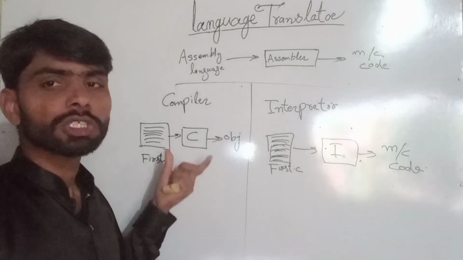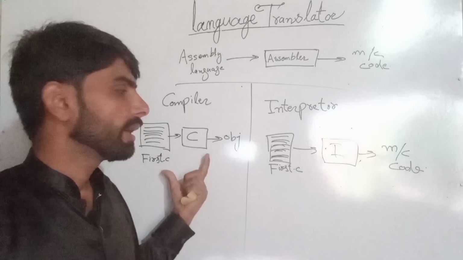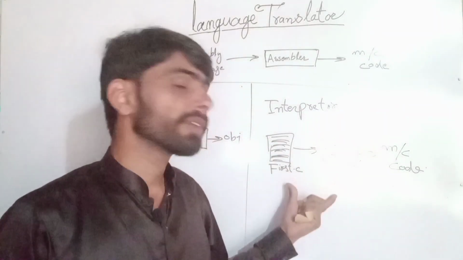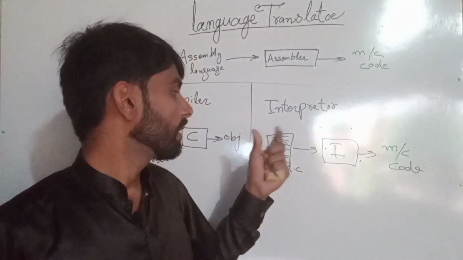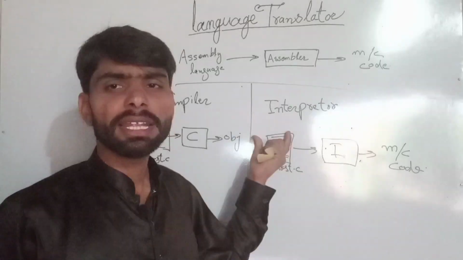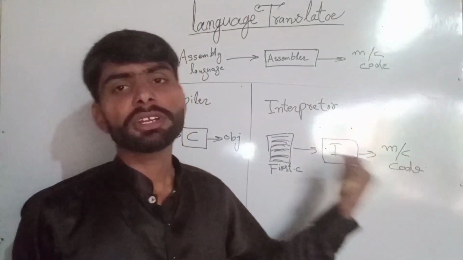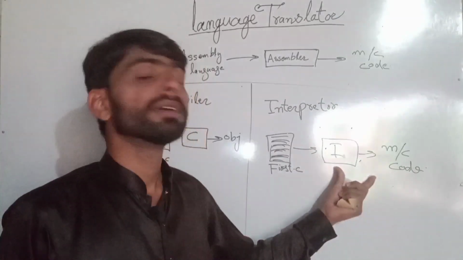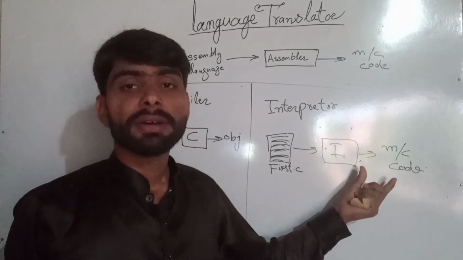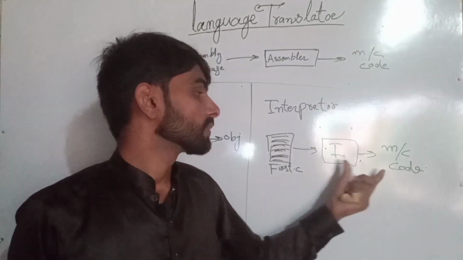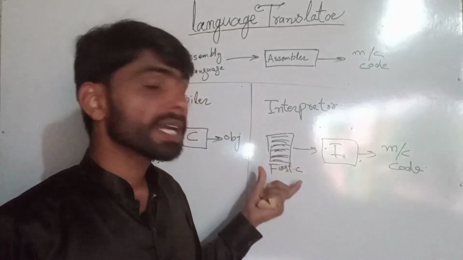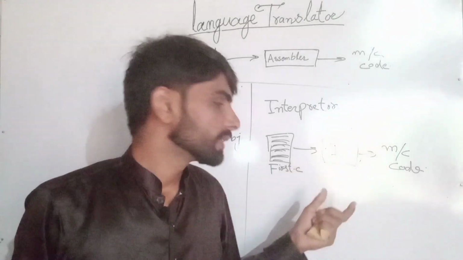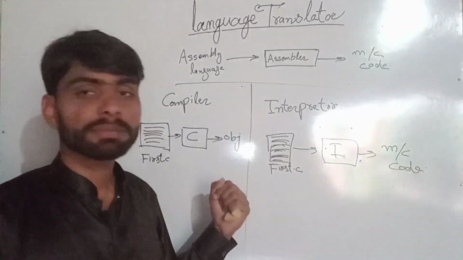The compiler needs more memory, but the interpreter requires less memory, because it takes one line and directly converts it to machine code. No separate object file is created, so that's why the interpreter requires less memory. This is the difference between them.